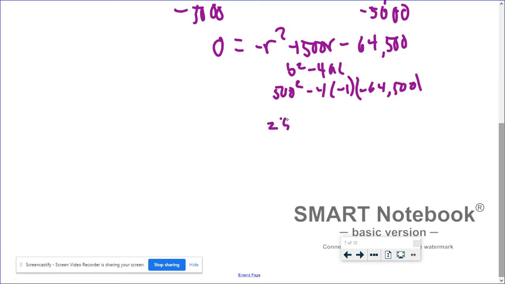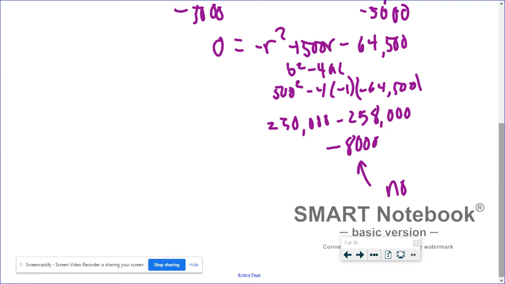So you get 250,000 for 500 squared. And you get 258,000 for that part. So you end up with negative 8,000 as the discriminant. Since that's negative, the answer to this question is simply no. The only solutions to this equation would be imaginary, so it's not possible in reality.